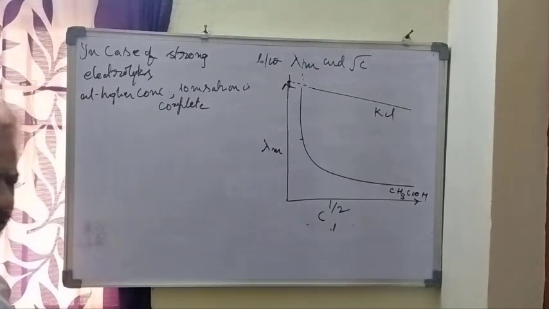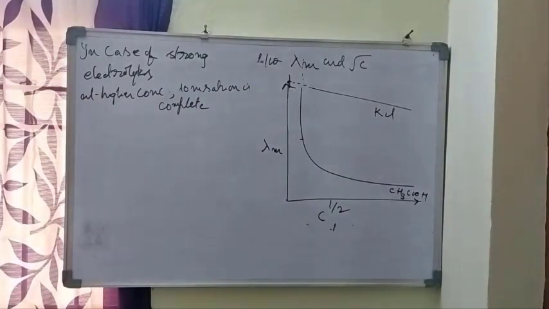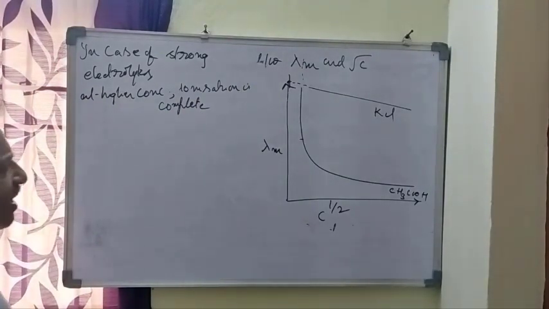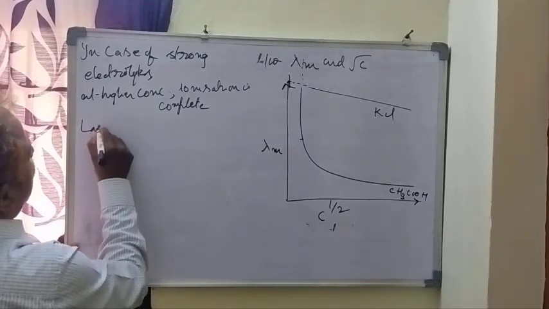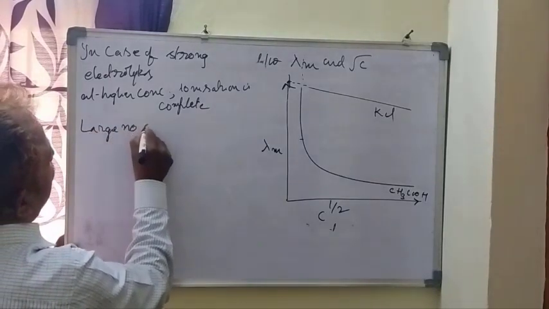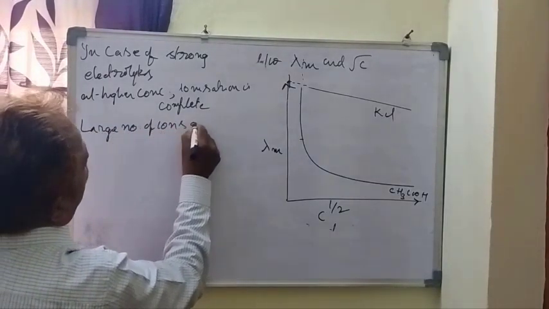In case of strong electrolytes, ionization is maximum, right? Since ionization is maximum, a large number of ions are present.